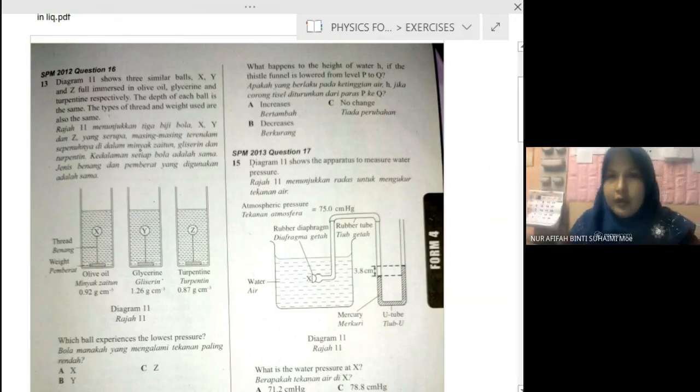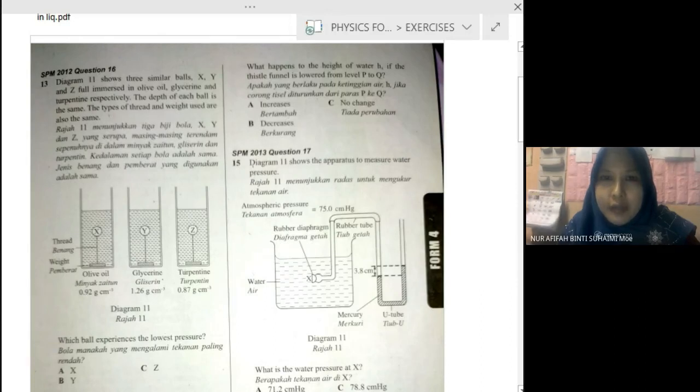Diagram 1 shows 3 similar balls X, Y, Z fully immersed in olive oil, glycerin and turpentine. So different liquid, different density of liquid. The depth is the same. The type of thread and weight are also the same.